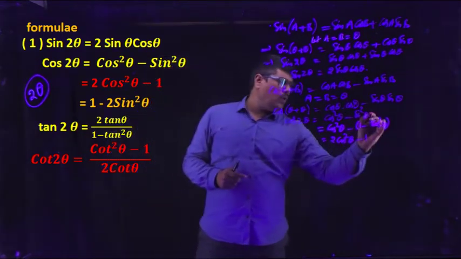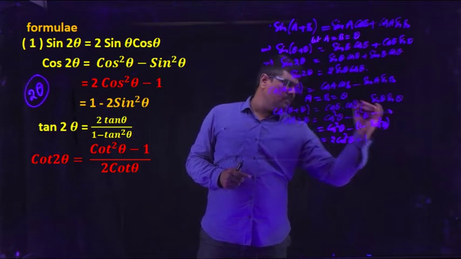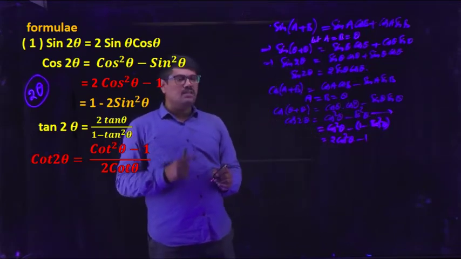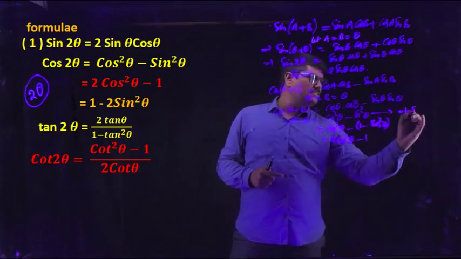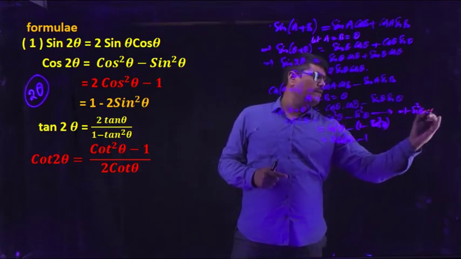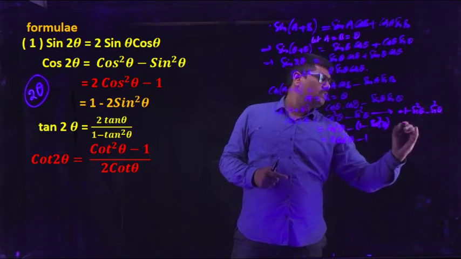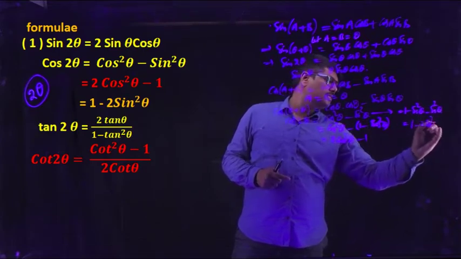If you want to change the formula only in terms of sin, then you have to change the value of cos²θ. Write cos²θ as 1 minus sin²θ, minus sin²θ, so that you will get 1 minus 2 sin²θ.